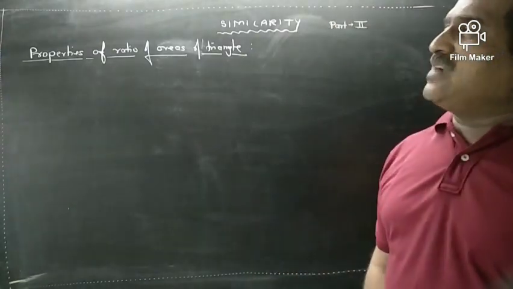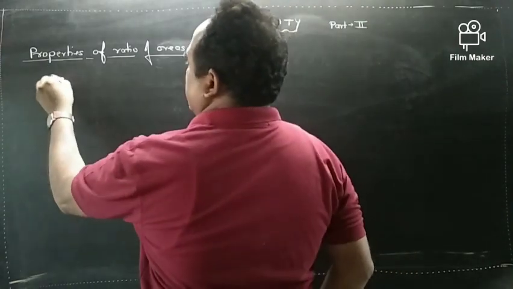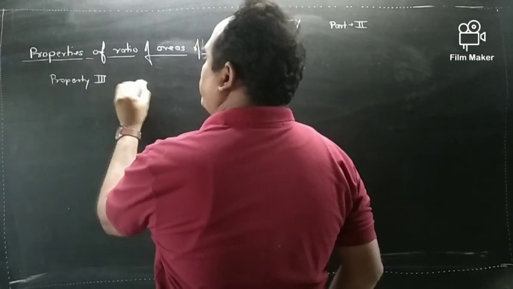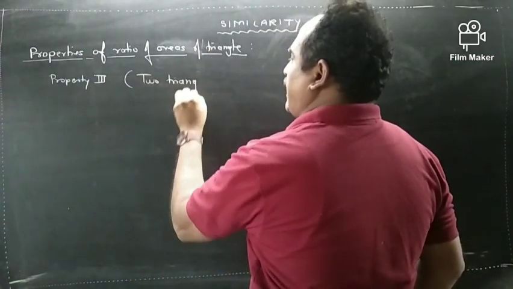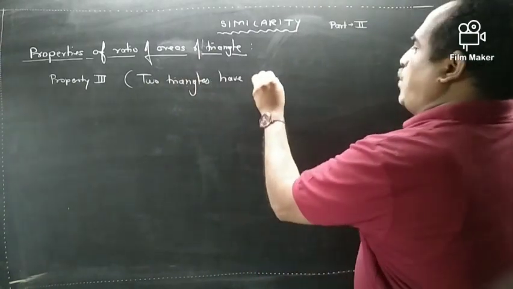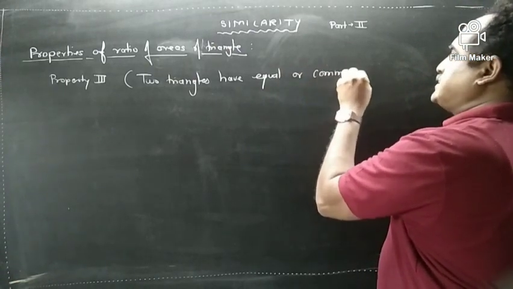Now we are going to start with the third property, that is property 3. Two triangles have equal or common base.